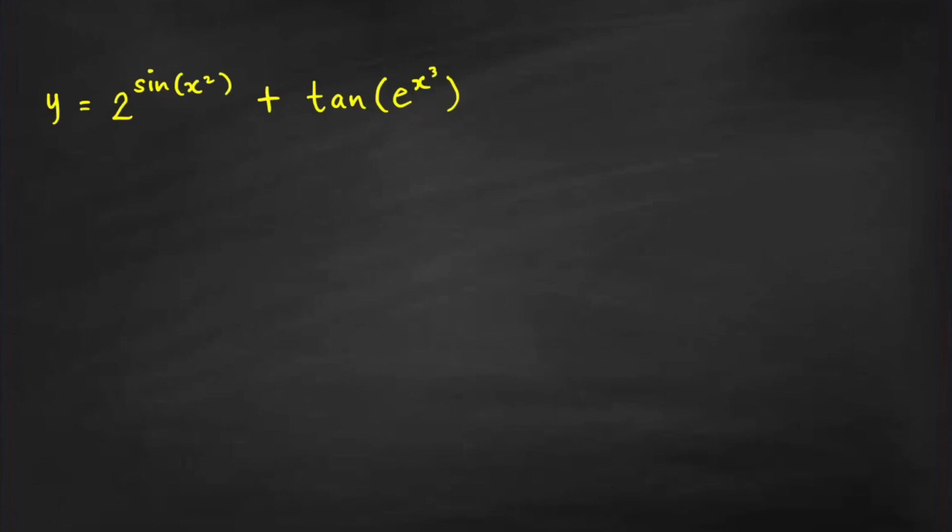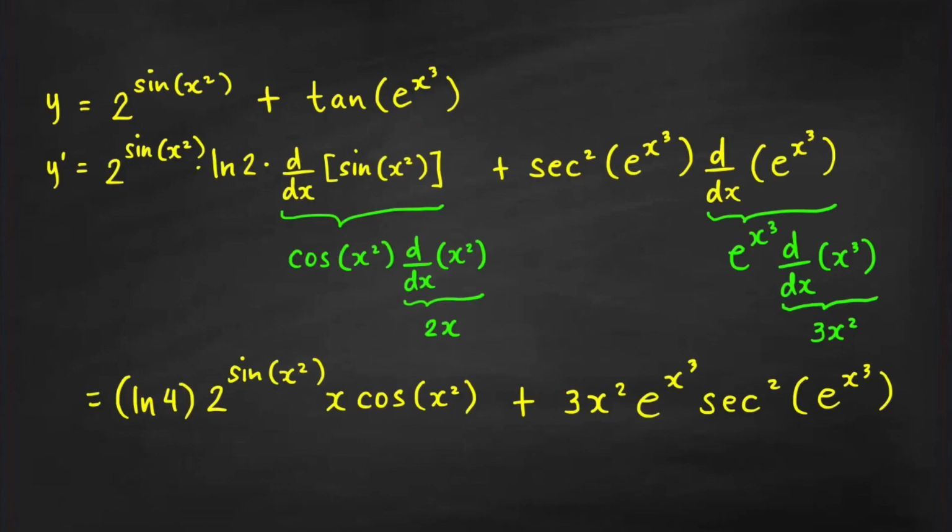So if we use those formulas, we'll get here derivative of a to the u is a to the u, you just copy the function, times ln a times the derivative of u, the power, with respect to x. And then derivative of tangent u is secant squared u times the derivative of u with respect to x.